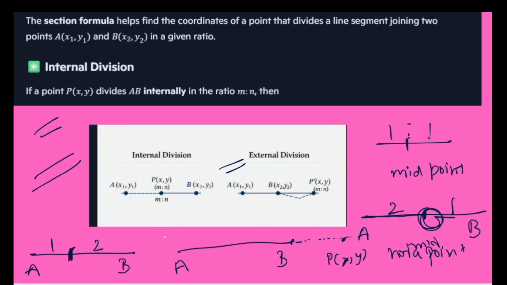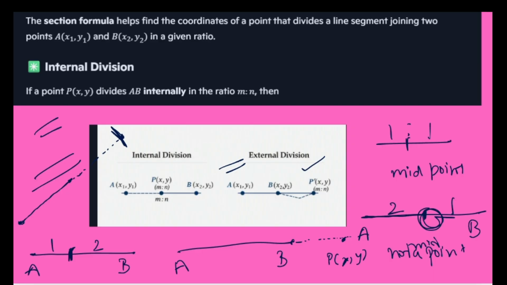For example, I can give you one example here. Just a minute. For example, if some line segment is like this on a graph, and there is some point, and if we extend that line segment and that point divides it outside the line segment, that is called external division.